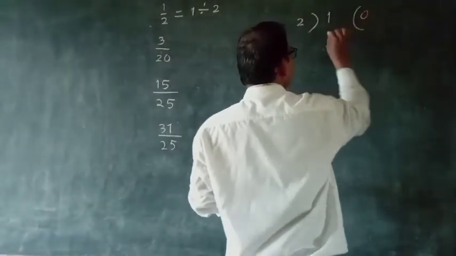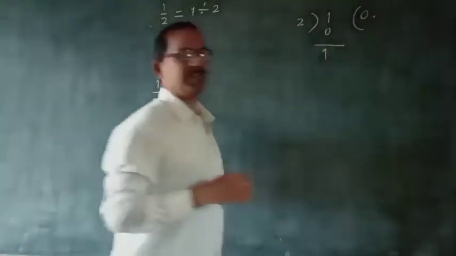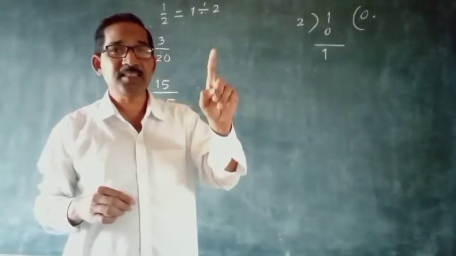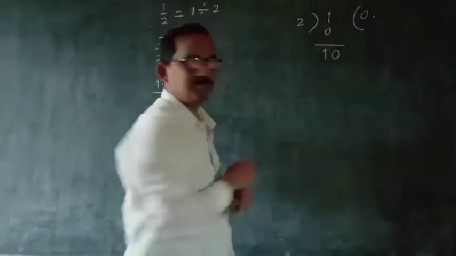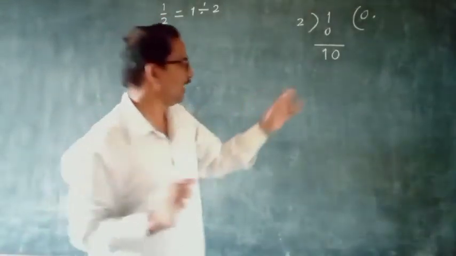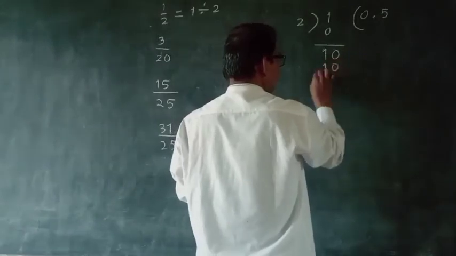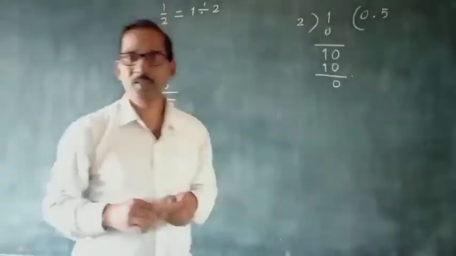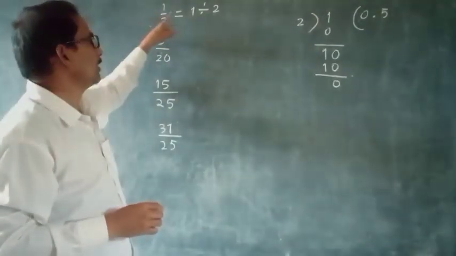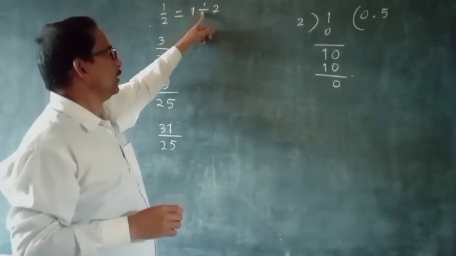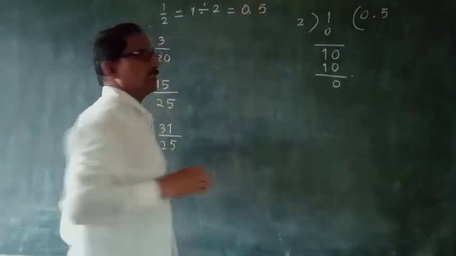First put 0, then put a decimal point here, and after putting the decimal a 0 is automatically added. Now see, 2 fives are 10. So 1 upon 2 is equal to 0.5. This is the decimal form of 1/2.